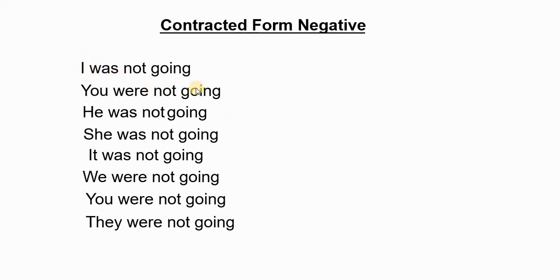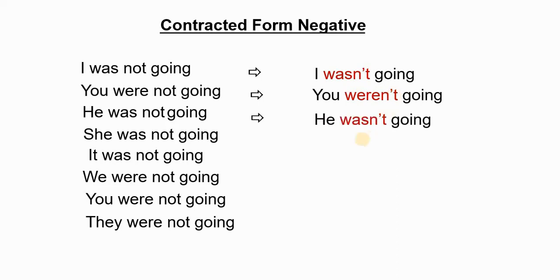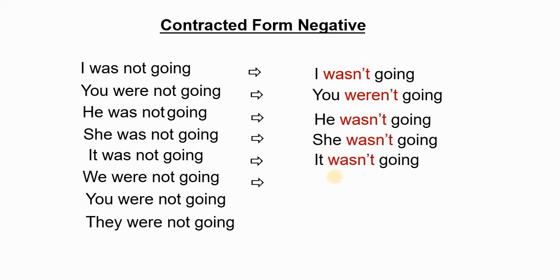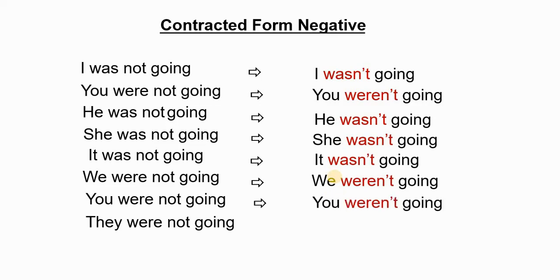I was not going, you were not going, etc. This is the full form that we've already seen, and the contracted form is: I wasn't going, you weren't going, he wasn't going, she wasn't going, it wasn't going, we weren't going, you weren't going, and they weren't going.